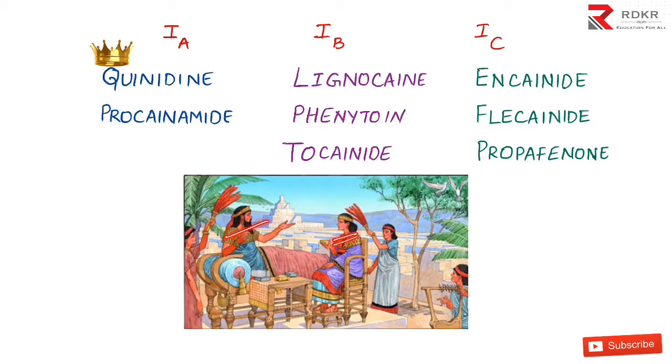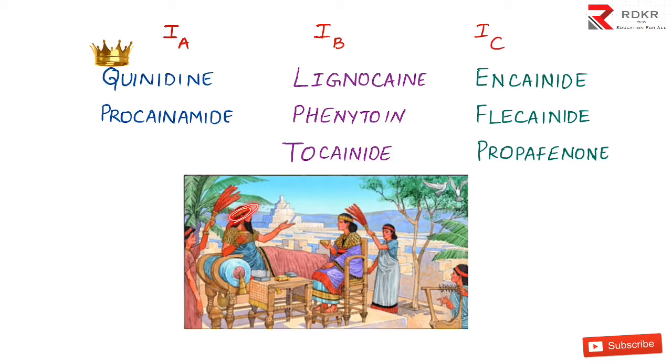So these people are serving the prince, like one is pressing the legs and others are moving the fan, swiping the fan for air, and another is coming with the topi, the crown, to put on the head of the prince. This is the order to remember: the legs, lignocaine, the fan, phenytoin, and the topi, that is tocainide.